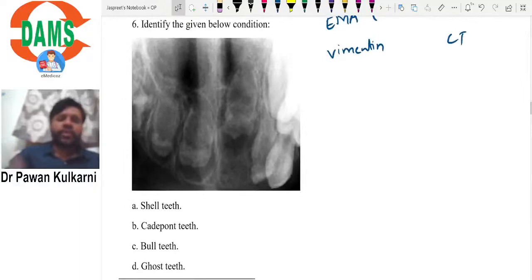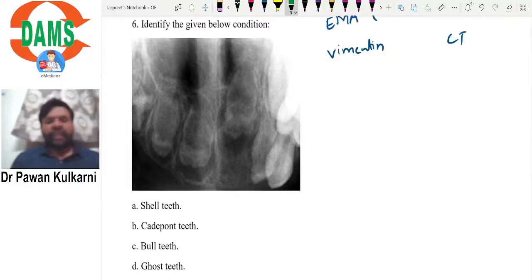Now moving on to the next question. Identify the given below condition. If you look at the image itself, this is a very characteristic image where you can see all the teeth have a blurred appearance, and we are not able to identify where is the dentine and where is the enamel. So enamel and dentine have lost their radio density.